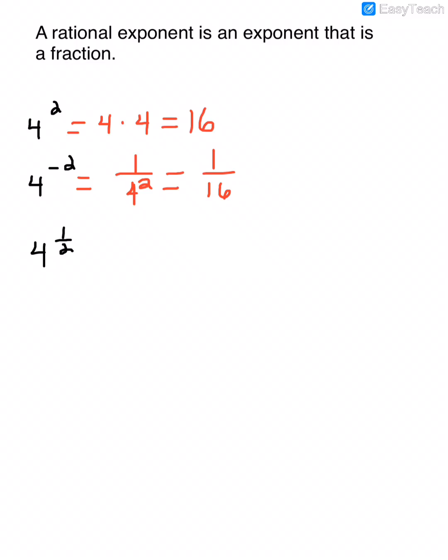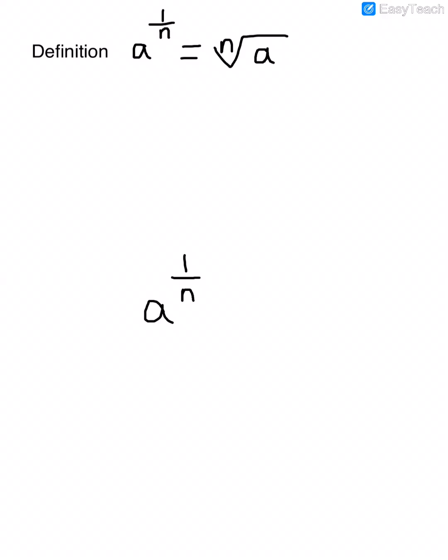Now let's see what we do if we have 4 to the 1/2 power. Well, to know what we do, we need to know the definition. The definition says that any number a raised to a 1 over n power is the same thing as the nth root of a.